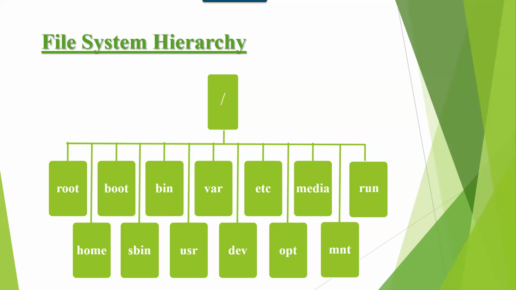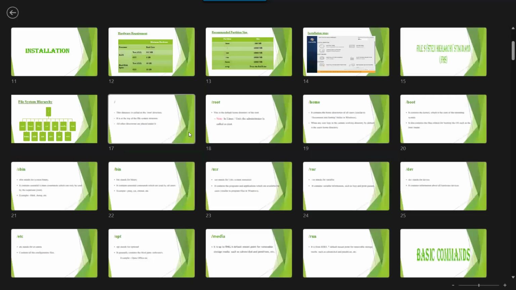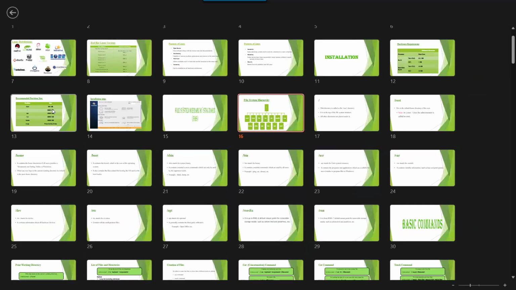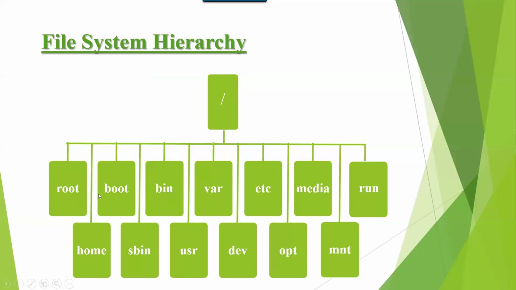So forward slash is a parent directory or top level directory in Linux. It is similar to C in Windows. Under forward slash, we have subdirectories. The first subdirectory under forward slash is root. Root is the home directory for the super user. Super user is nothing but administrator.